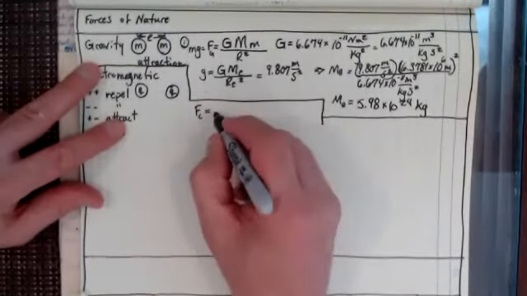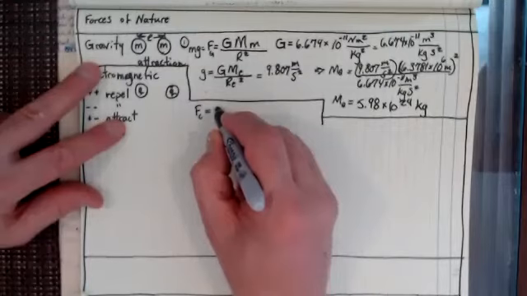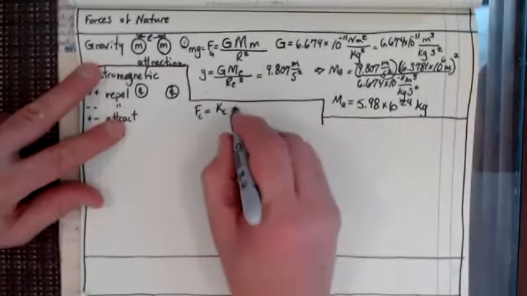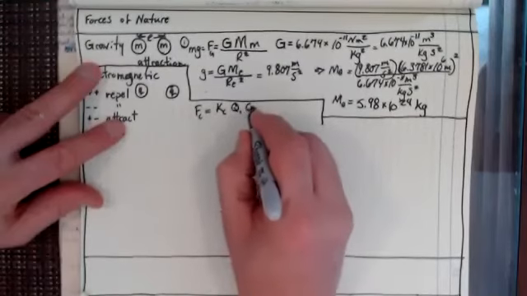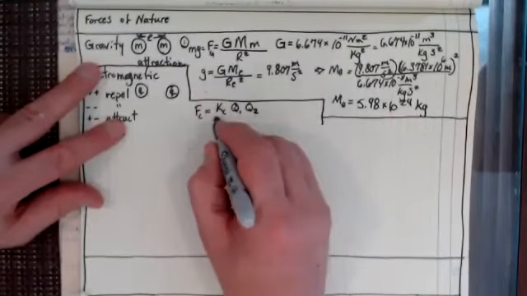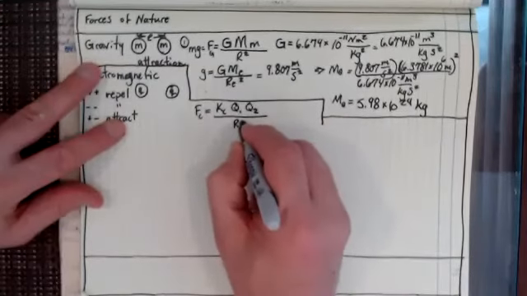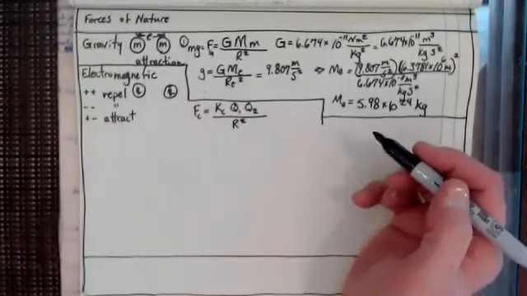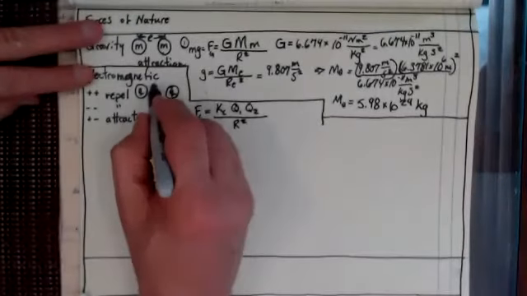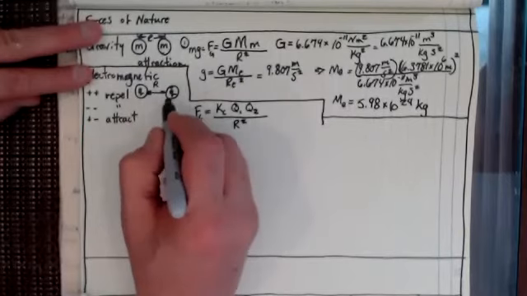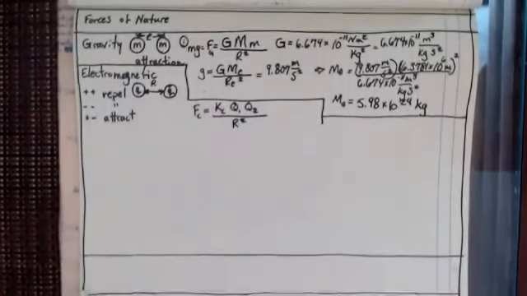And Coulomb's force of attraction, the way that you probably would have learned it when you were freshmen, is K sub C times Q1 times Q2 divided by the distance between the two charges, right? This being R right there, that distance between those two charges.